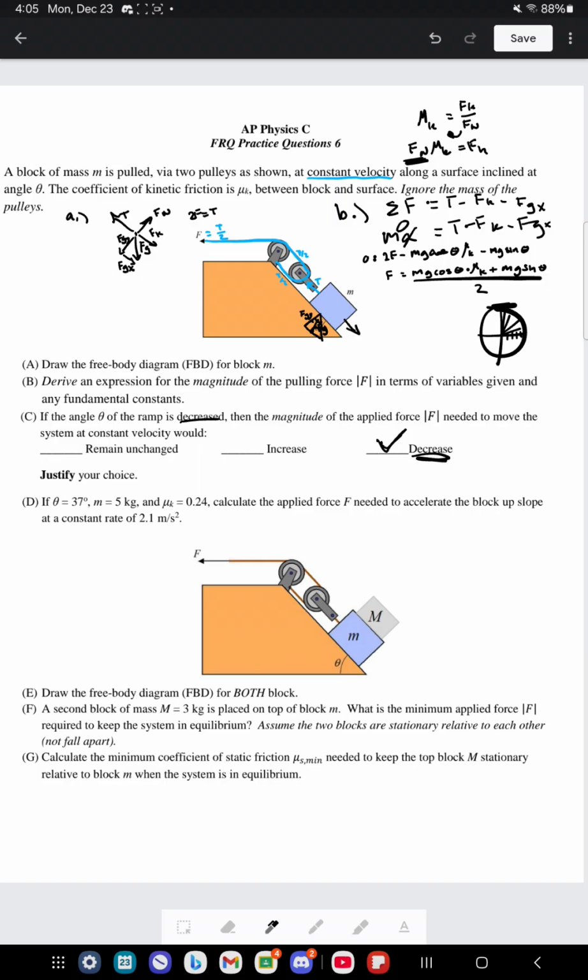For the next question, I'm going to be copying and pasting the force equation we found earlier.